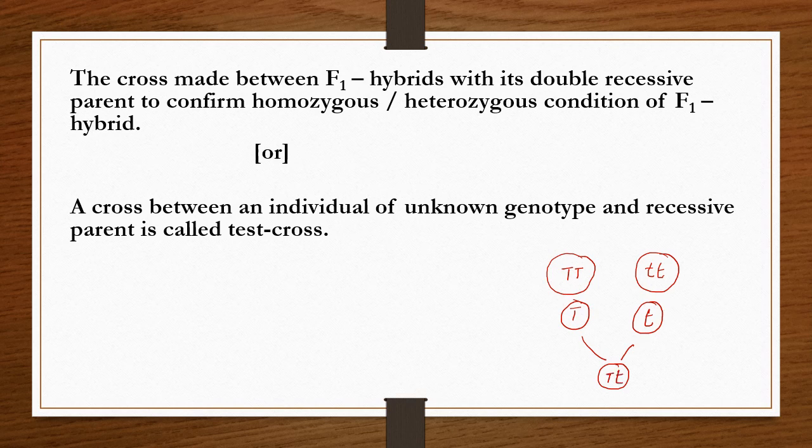Now the test cross is a cross between an individual of unknown genotype. Suppose you don't know the genotype, that means the genetic composition. Then the unknown genotype needs to be crossed with a recessive parent.